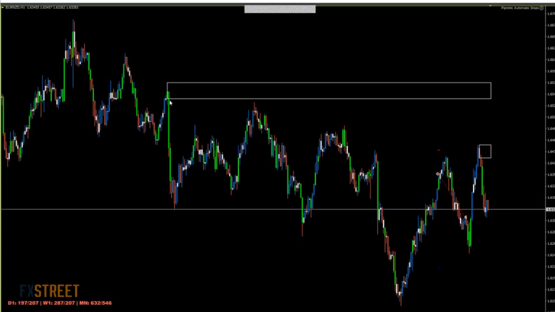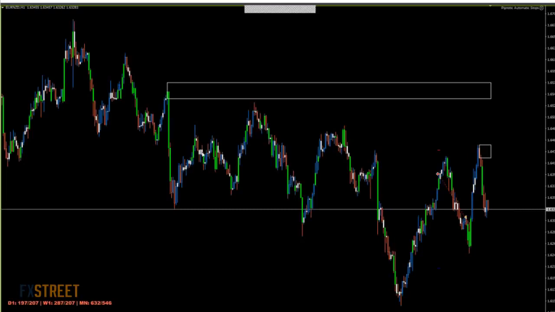Very good point. So extended range as in the size of the body, you mean, in relation to the size of the candle. This would be a good one because maybe the body of this candle is, I don't know, 70, 80, 90% of the size of the candle. I think this would be classified as an extended range candle, definitely.